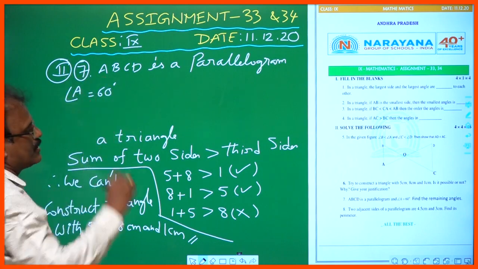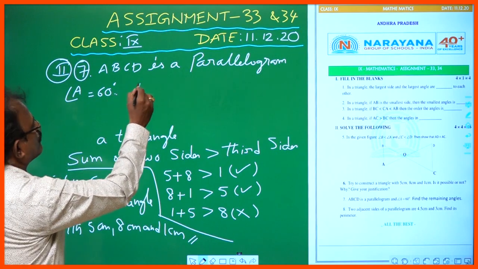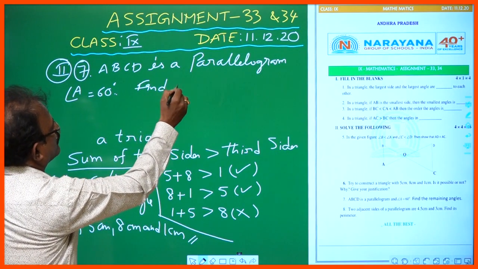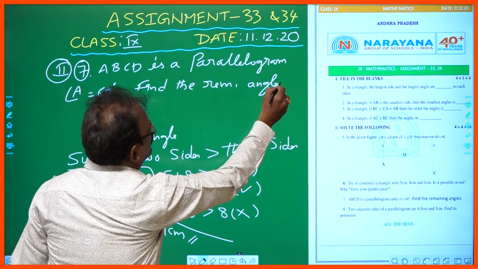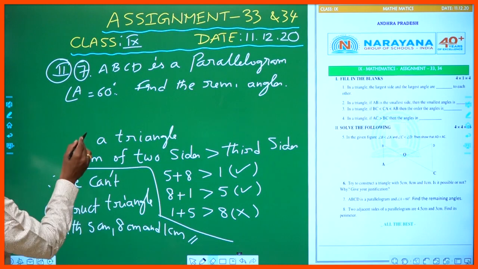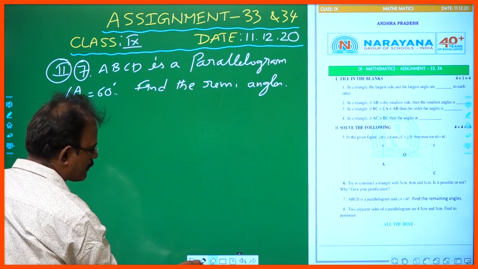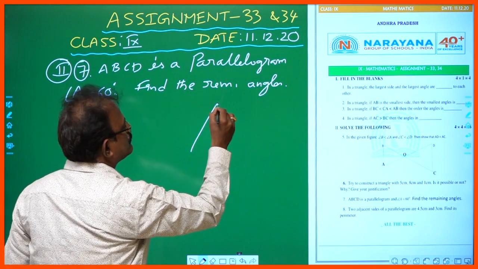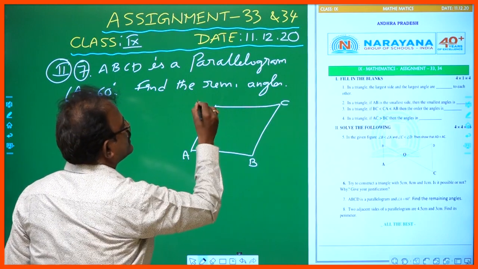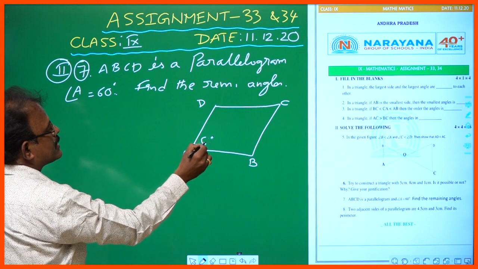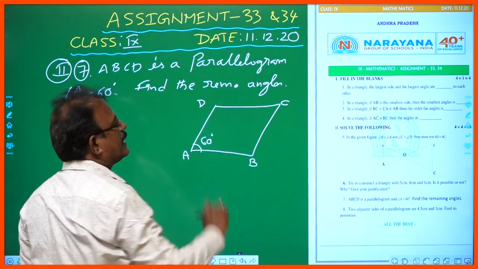Find the remaining angles. Let us draw one rough diagram for the parallelogram, children. A, B, C, D, and this is given as 60 degrees. So how to find the remaining angles?